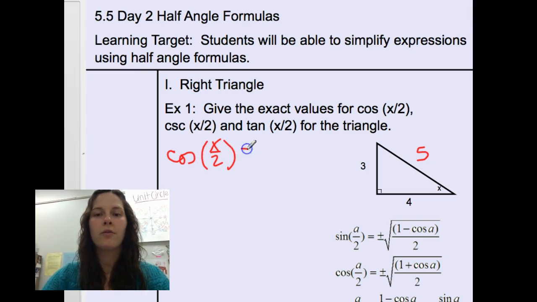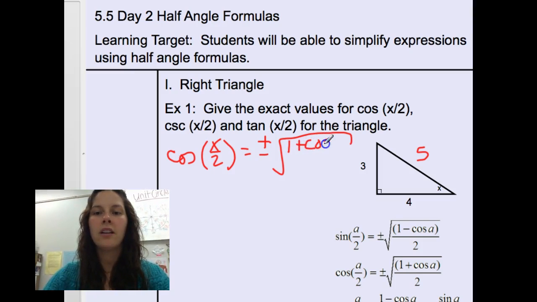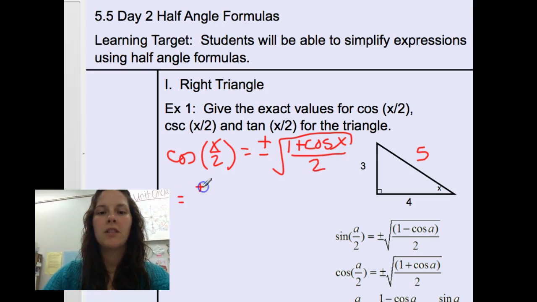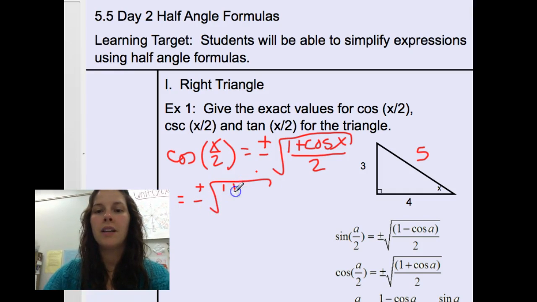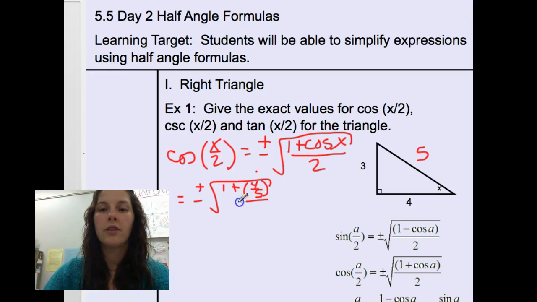of x over 2. So using our formula for cosine, we have plus or minus the square root of 1 plus cosine of x all over 2. Evaluating these, plus or minus 1 plus cosine is 4 over 5 all over 2.